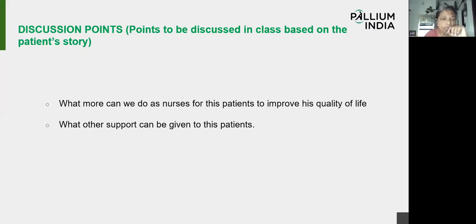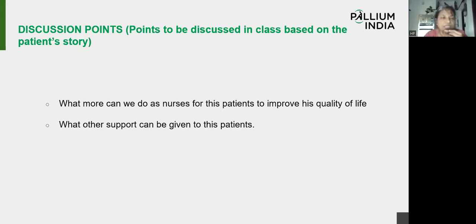Then the second thing is what other support can be given to this patient. Now, if you people can do a home visit, that will be better. Every now and then, coming to a hospital may not be feasible for these people, especially after some time the patient's condition may progress.